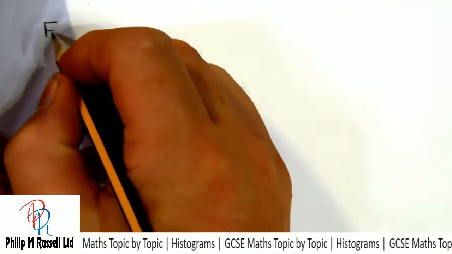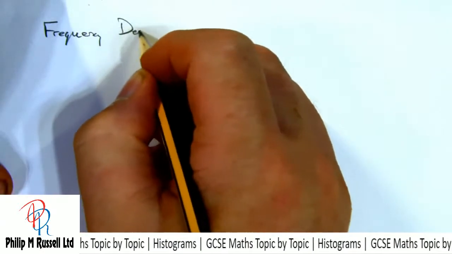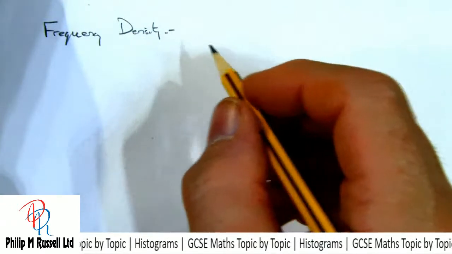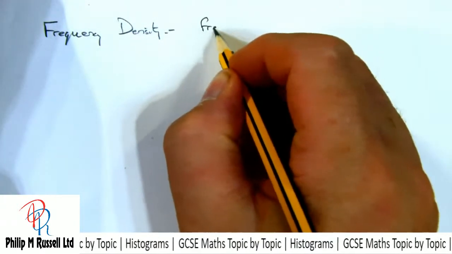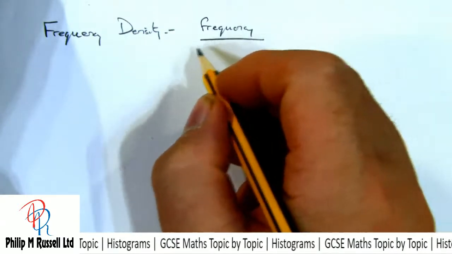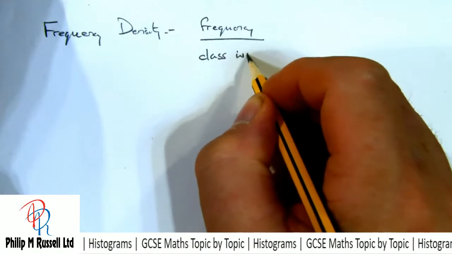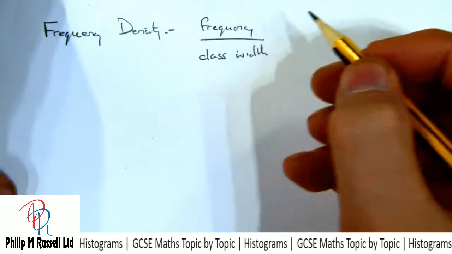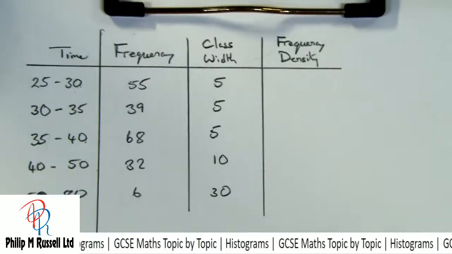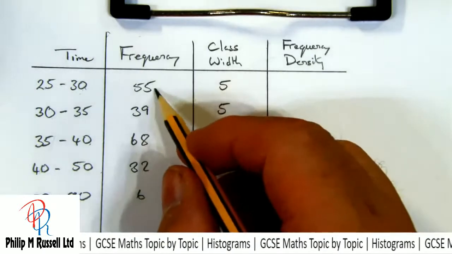Our frequency density simply equals our frequency divided by our class width. So for each of these, if we have a look at them, this is going to be our frequency.